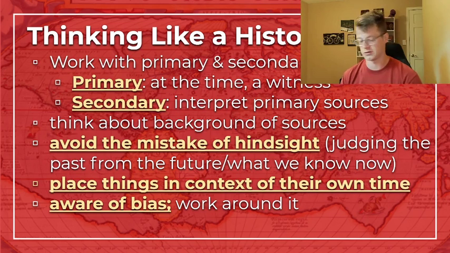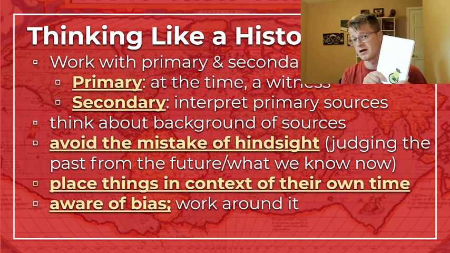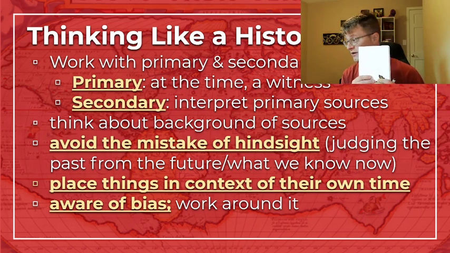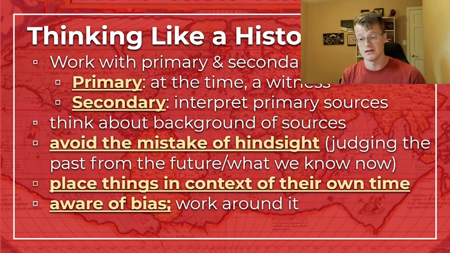Imagine this was a history book: I would find a bunch of primary sources from people who saw something, and then I would write a book about my interpretation of those events. A source that interprets information is a secondary source.